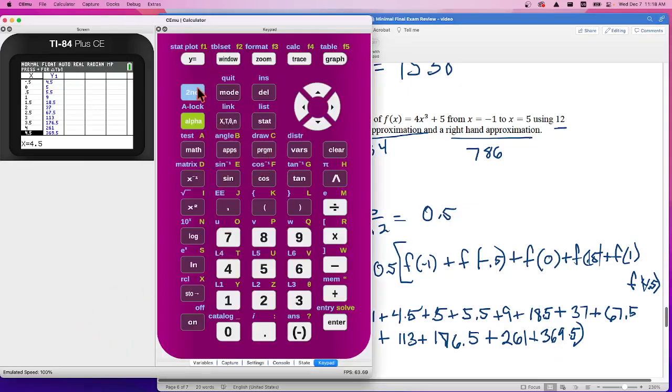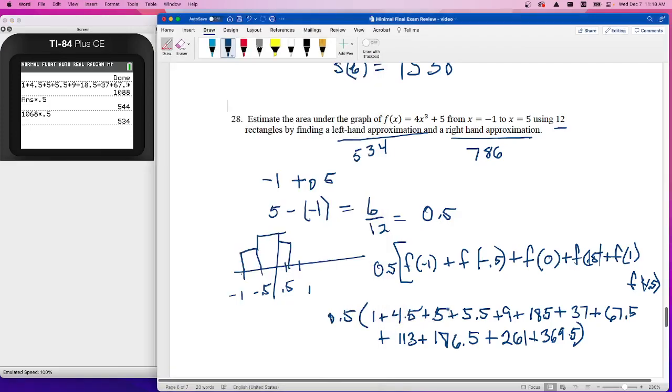Let's come back here to calculation. So it's not 1088, it would be 20 less than that. It's going to be 1068 times 0.5, 534. So we do need to match up. They should both be the same.